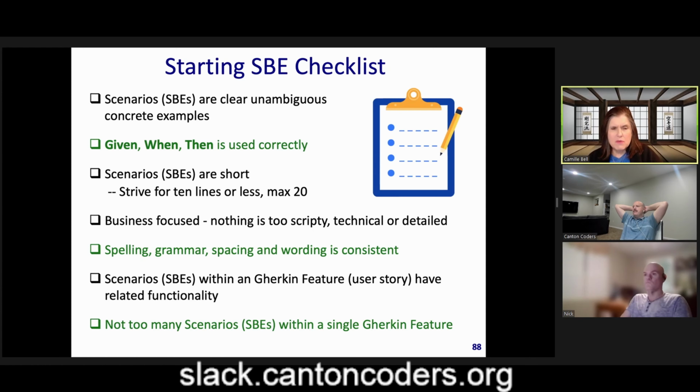That goes into some details, which we haven't gone into, and that is how do we turn these steps into step definitions that can actually talk to the back end code that we have, or sometimes the front end code, depending on how you're doing it.